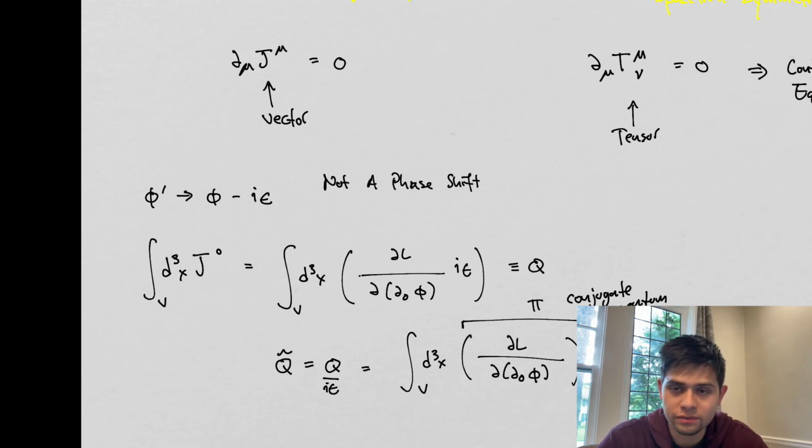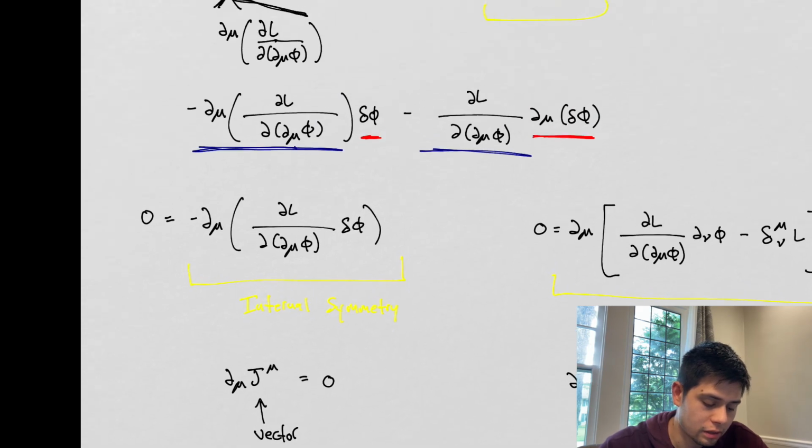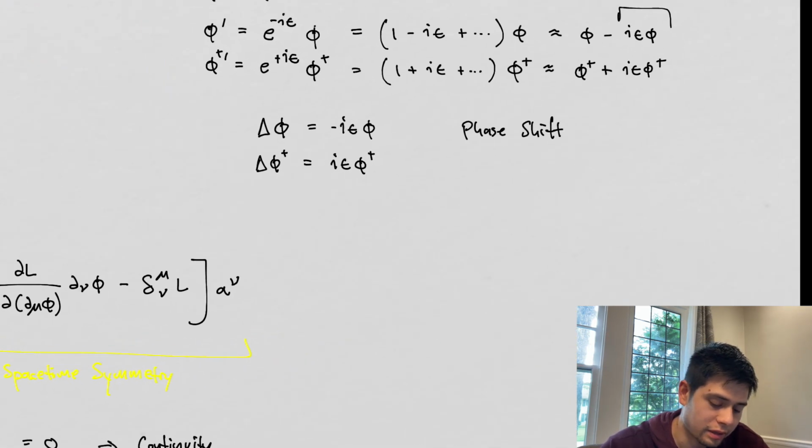It has complex values to it. In this case, it's a scalar field, but it doesn't necessarily have to be. We might want to consider complex vector fields or complex spinors. Spinors are naturally complex. But anyways, let's get back into this.